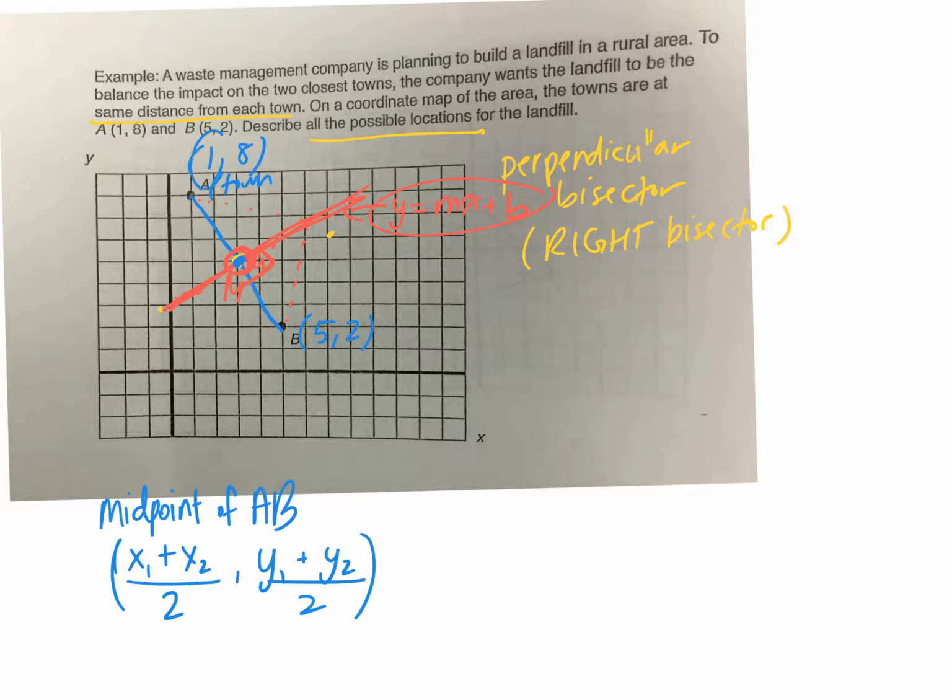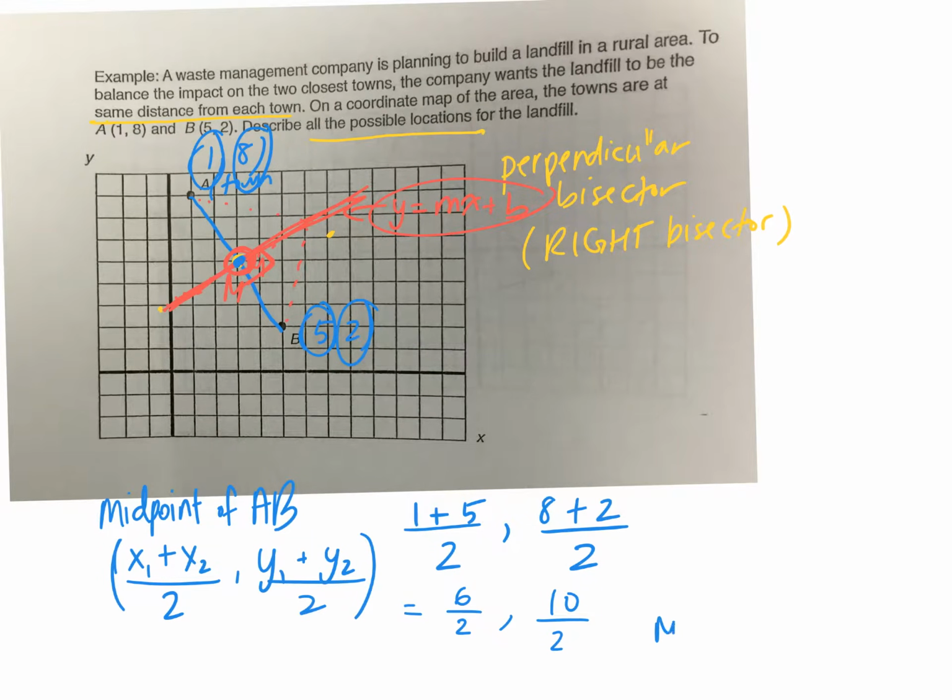We're taking our X's, adding them together and dividing them by 2. So what are the two X's? 1 plus 5 divided by 2, and then I'm taking the two Y coordinates, 8 plus 2, and I'm dividing them by 2. 1 plus 5 is 6 divided by 2, and 8 plus 2 is 10 divided by 2.